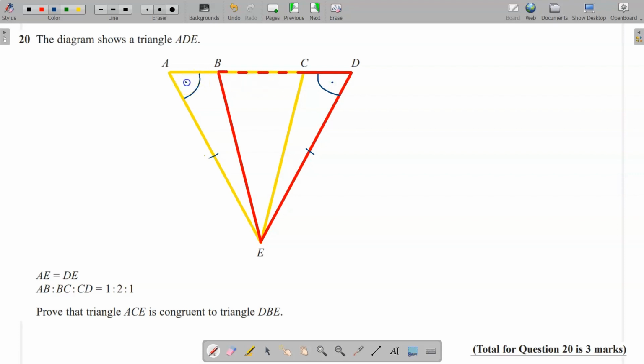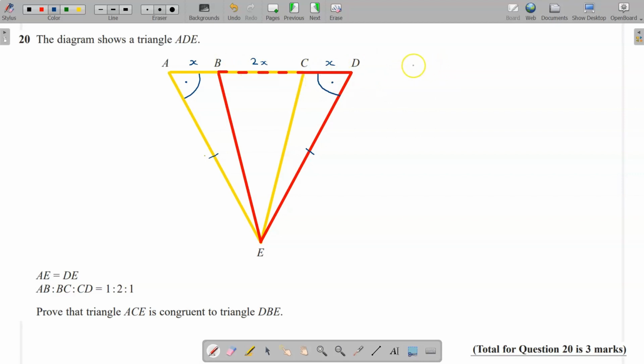I can show that by putting a dot in each one. And we've got two lengths other than those two that we've already said are the same. If these lengths are in the ratio 1 to 2 to 1, we could call that length there x and 2x, and this would then be x. And I can say that the length AC is equal to 3x, which is the same as the length of BD or DB.